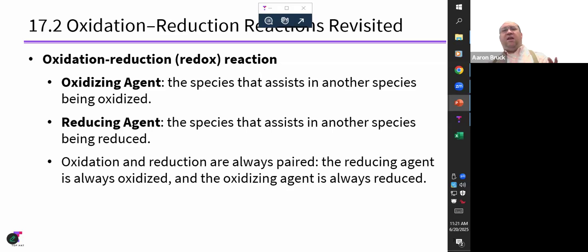And what we have to understand and remember is that this is a paired process. You cannot have oxidation without reduction. You cannot have reduction without oxidation. You have to have both at the same time.